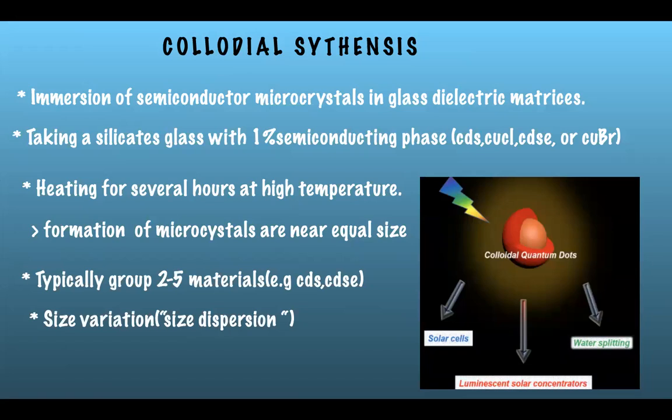They become near to equal sizes. They are typically group 2 to 6 materials. Here, size variations also mean size dispersion. Here you can see the colloidal quantum dots picture.